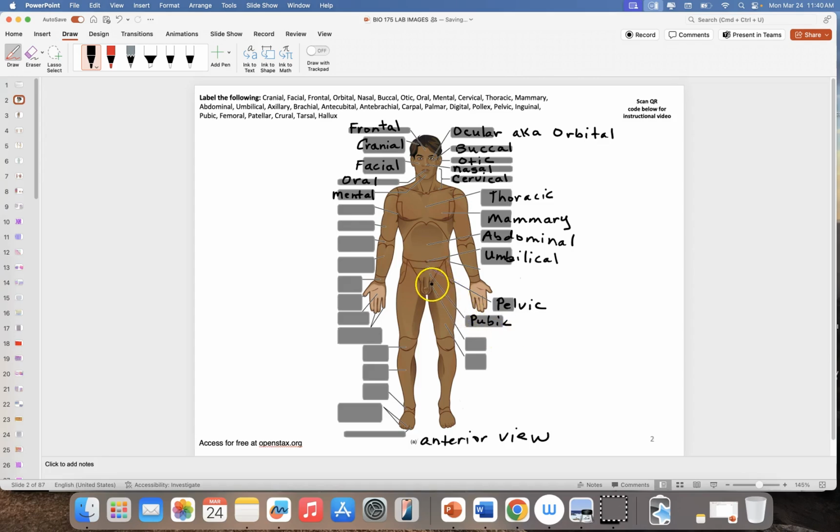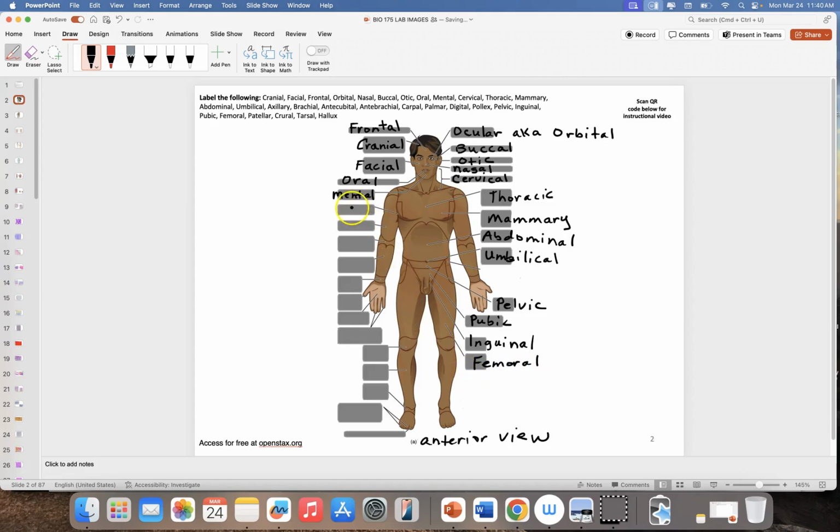And then when we're talking about the groin, we use the term inguinal. If we focus in on the thigh, femoral is the term that we're going to use for the thigh.